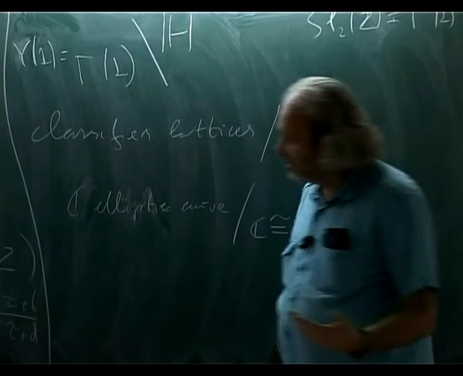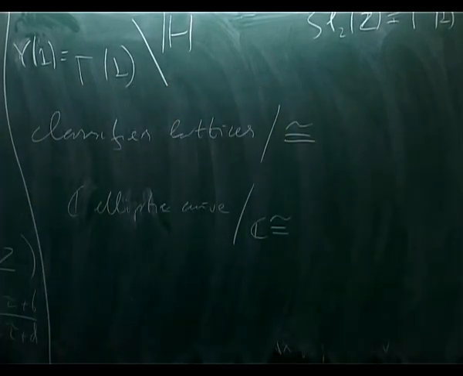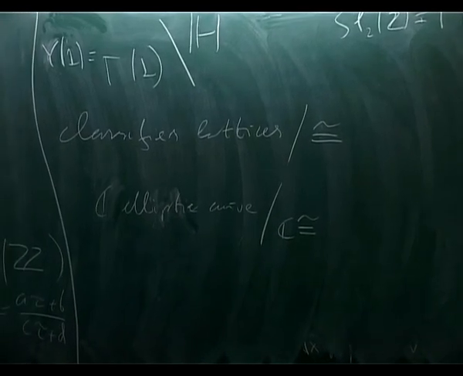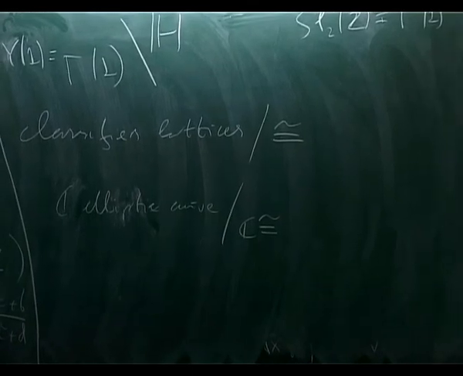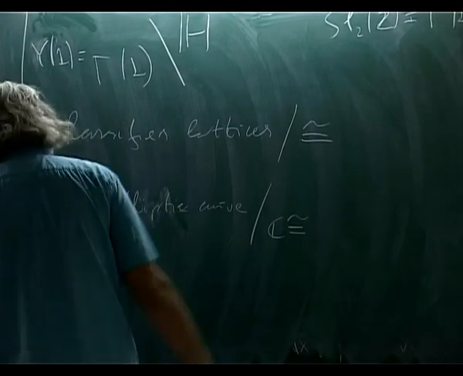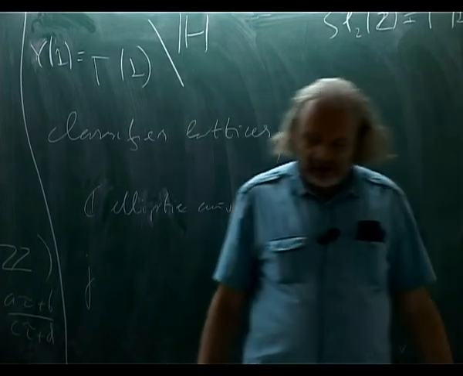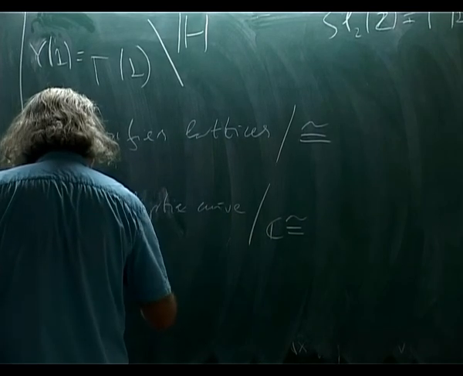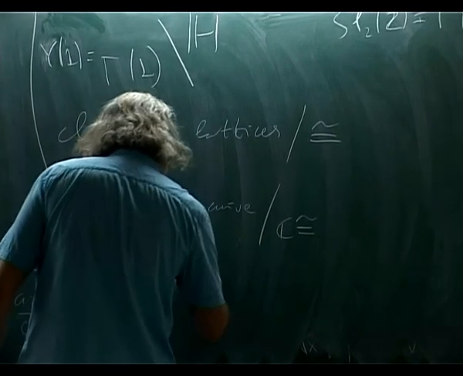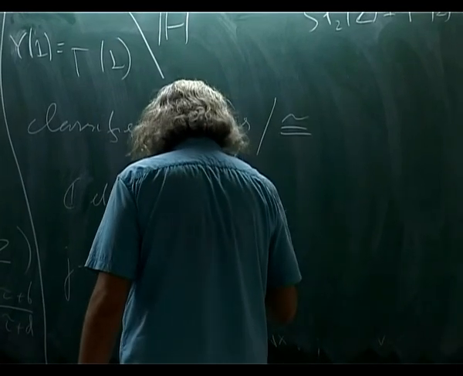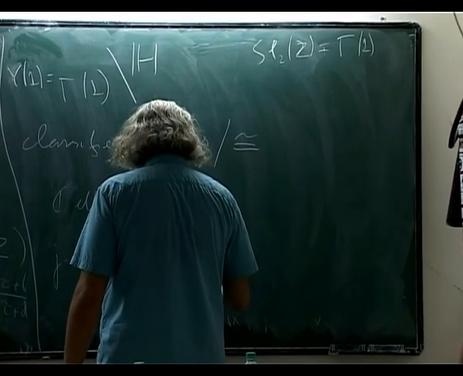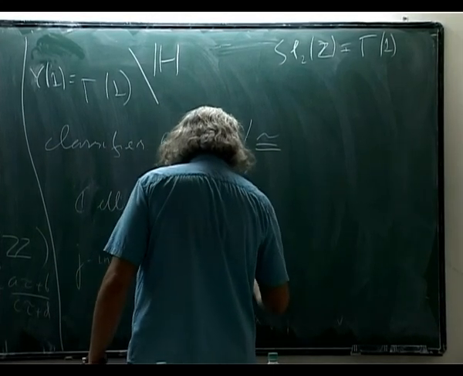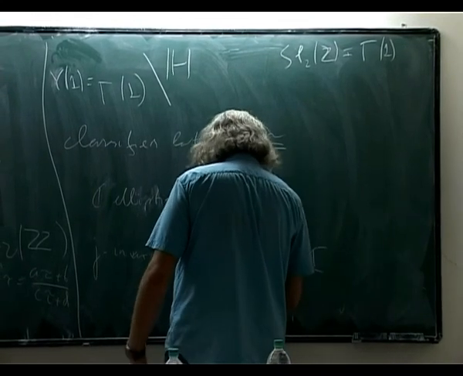And since to every elliptic curve we associate its J invariant, and we know that two elliptic curves are isomorphic if and only if they have the same J invariant, the J invariant gives the bijection between Y of 1 and C.